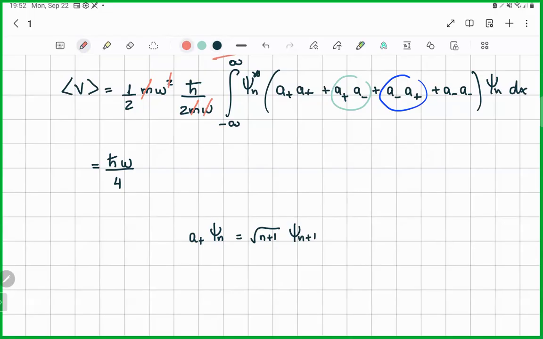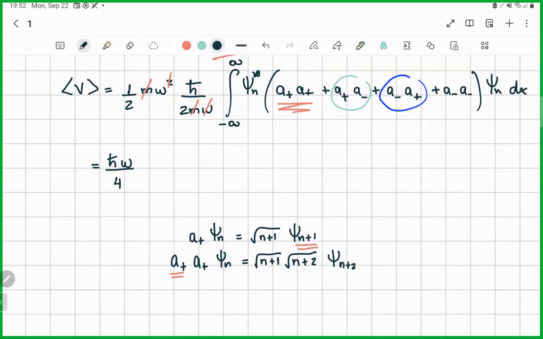This term has another a plus, so let me act again with this a plus. Now we have n plus 1, and acting with this new a plus on psi n plus 1 gives us square root of n plus 2, and we end up with psi n plus 2, okay?